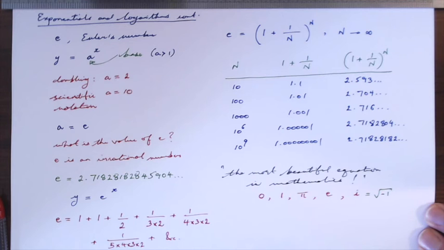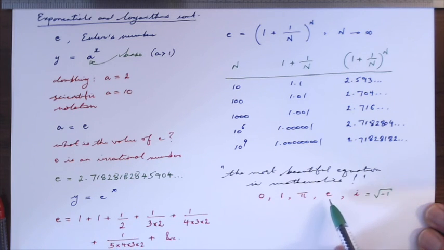However, there's a wider group of numbers called complex numbers, and a complex number has a real part and an imaginary part, and i is the imaginary unity. So just as 1 is unity in real numbers, i is unity in imaginary numbers, the square root of -1.